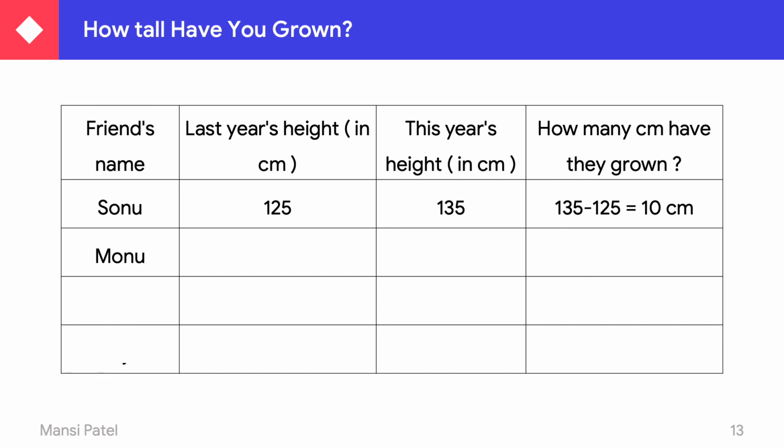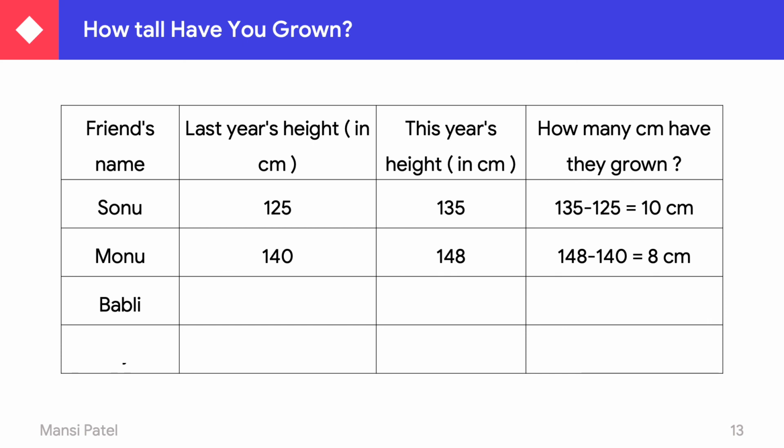Another is Monu. The height of Monu last year is 140, current year it is 148. So how many centimeter has Monu grown? So we can say that 148 minus 140 centimeter is equal to 8 centimeter.